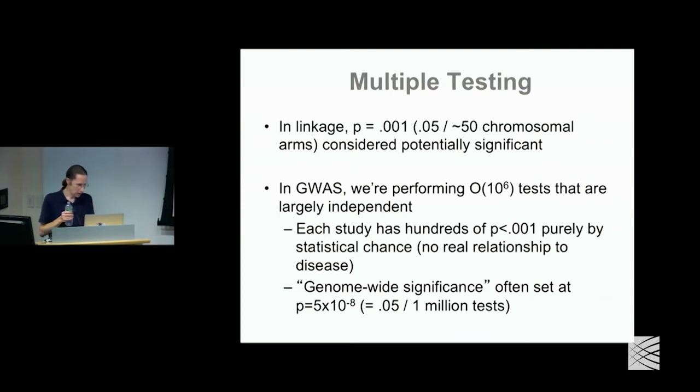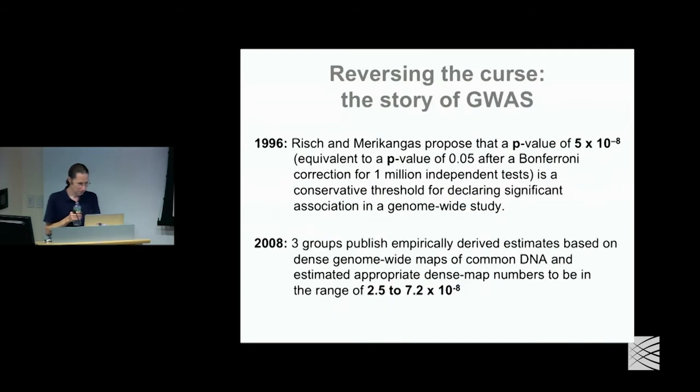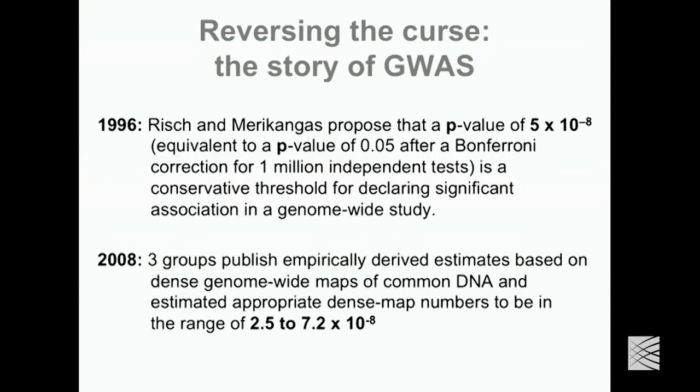And so this led to some back of the envelope calculations in 1996 that turned out to be very, very prescient and accurate. And when we actually had collected enough empirical data about variation and recombination and linkage disequilibrium in the human genome, we could then make much more accurate estimates of this, and a number of groups did that.